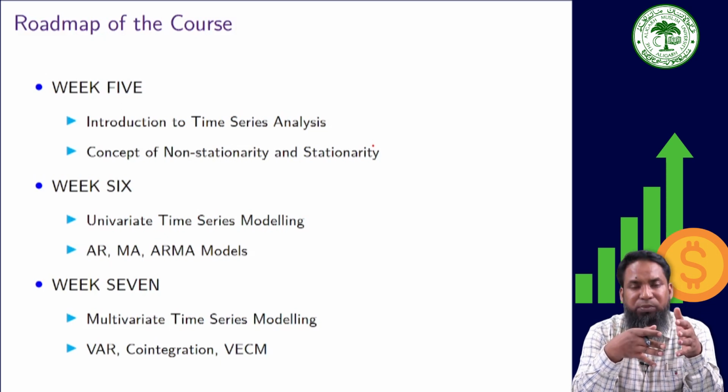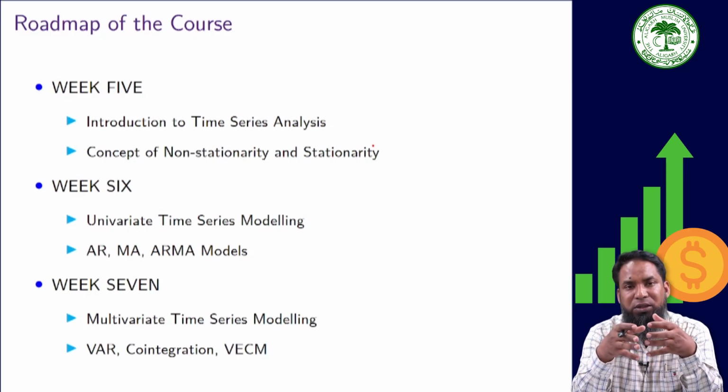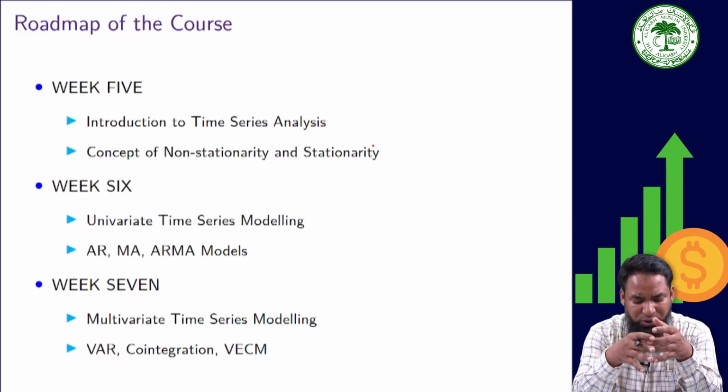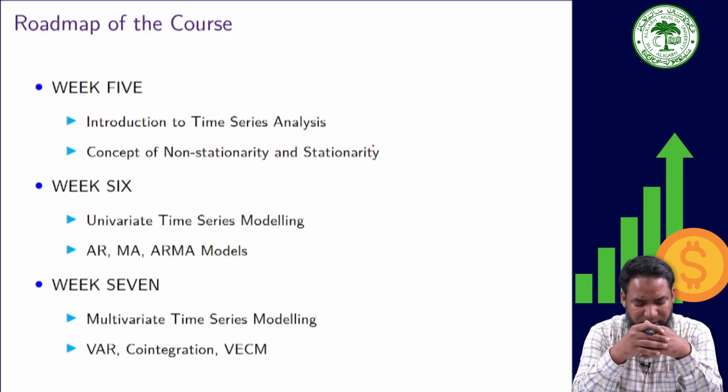In that we discuss the autoregressive model, the moving average model, and the combination of these two, what we call ARMA in short, or autoregressive moving average models. We also discuss the ARIMA model, that is the autoregressive integrated moving average process. Then we also try to implement those various theoretical structures using R.